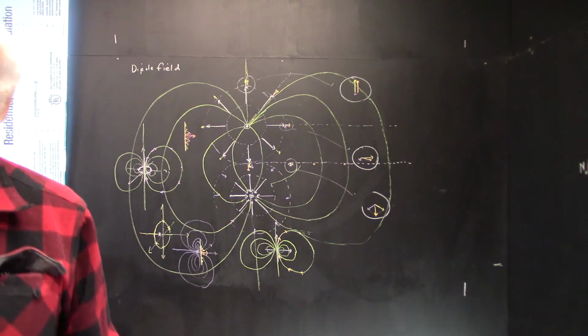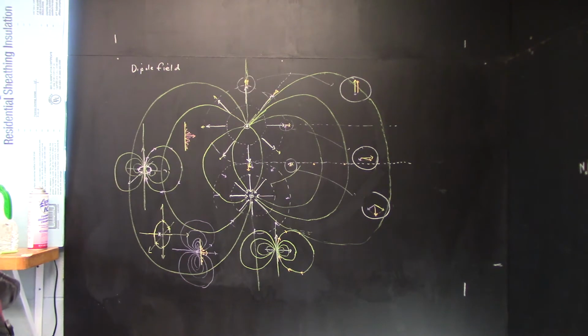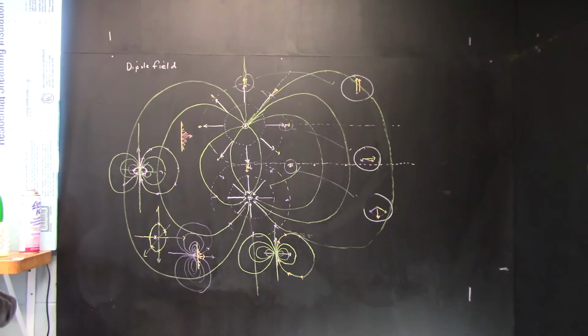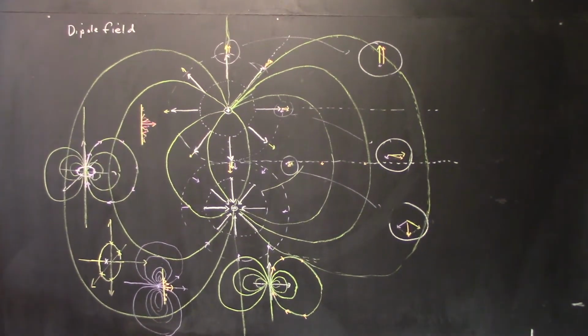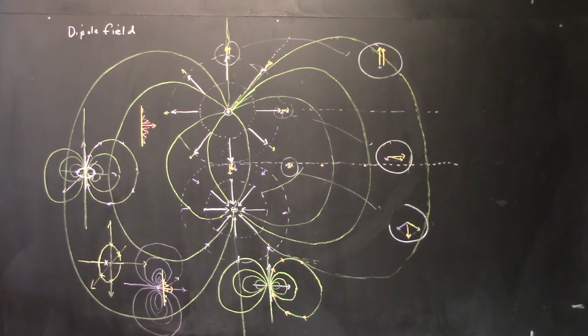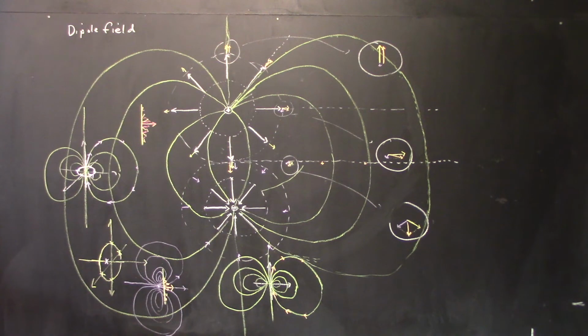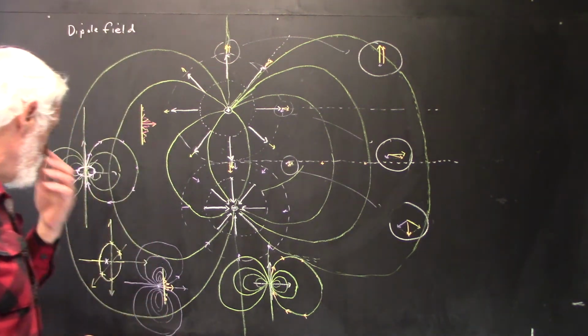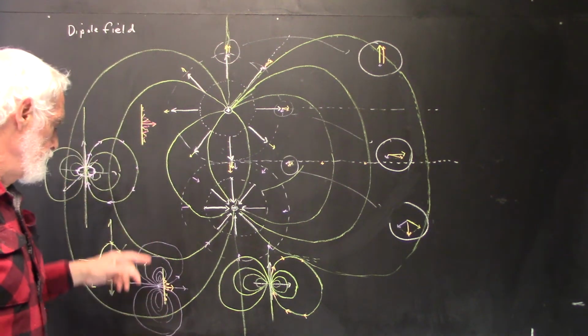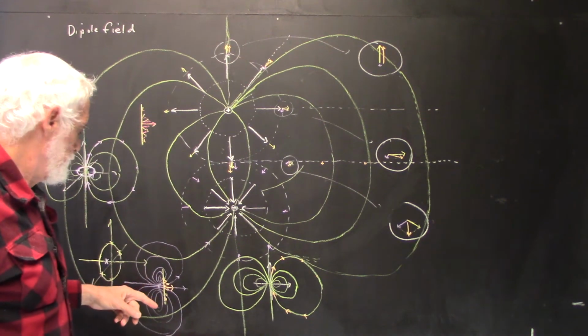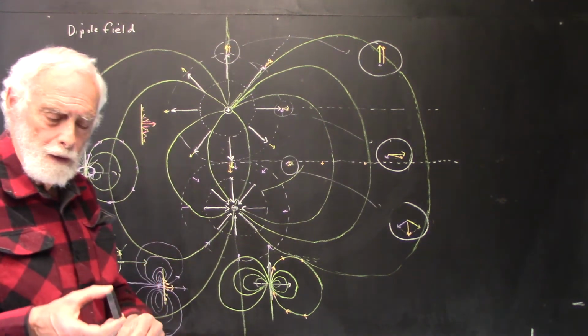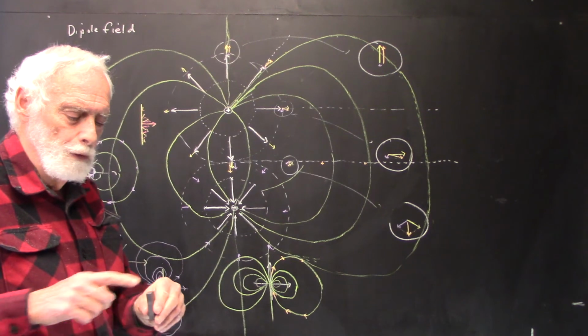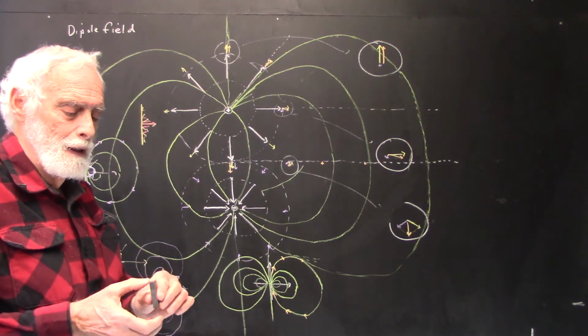And one thing I didn't do, I didn't zoom the camera. Maybe you can see a little better now. Okay. Again, an infinite number of infinitesimal dipoles oriented in this direction.